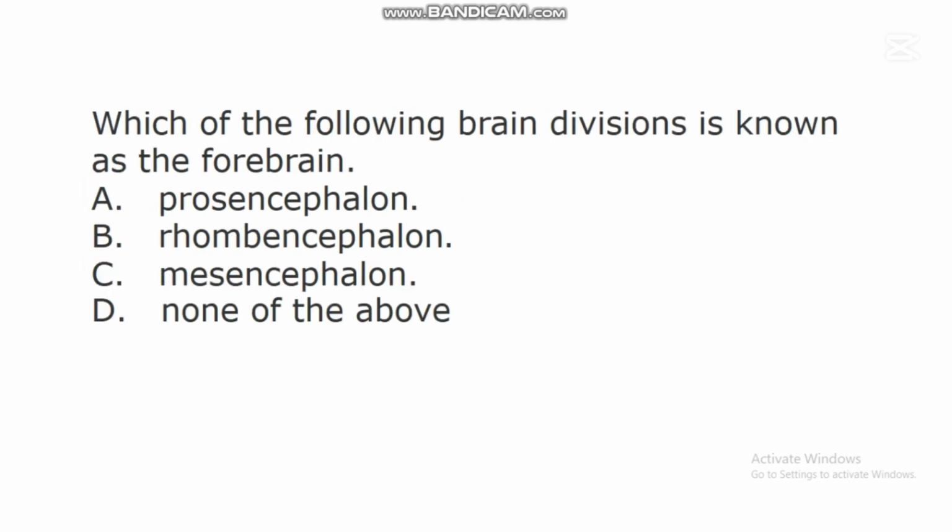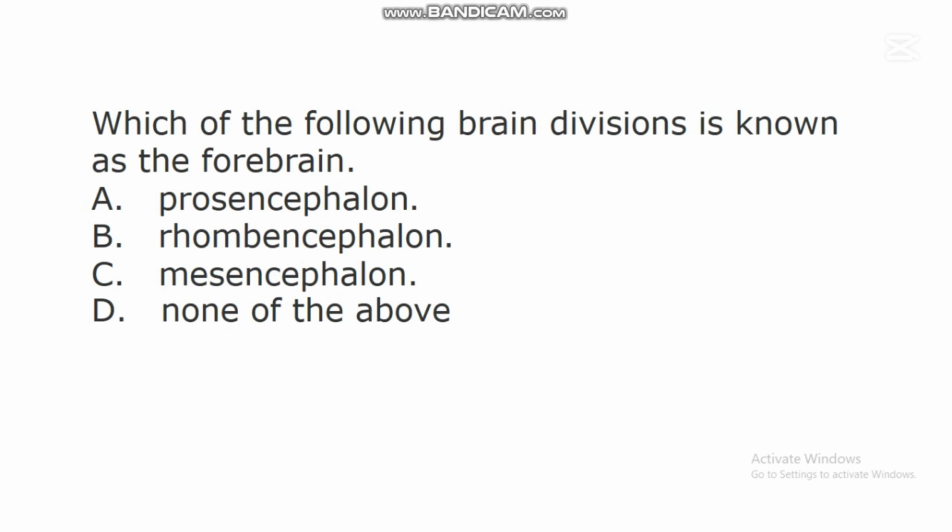The next question says, which of the following brain divisions is known as the forebrain? A. Prosencephalon. B. Rhombencephalon. C. Mesencephalon. D. None of the above.